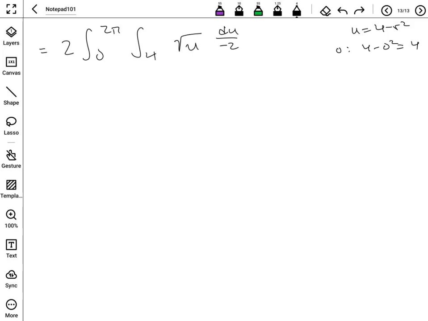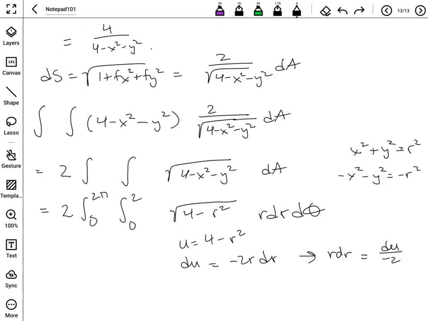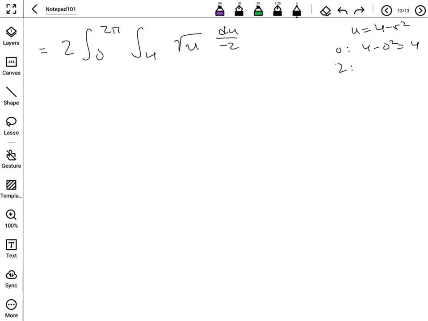And my 2 becomes 0. This integral is backwards, so I can swap the bounds back with a negative.